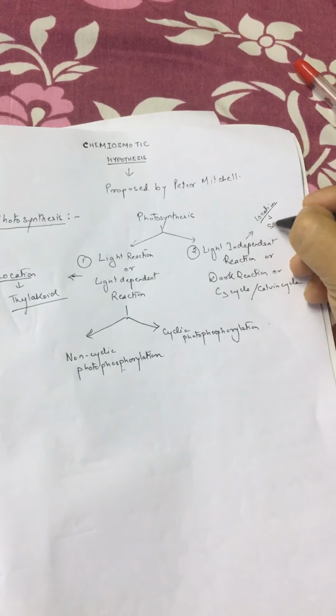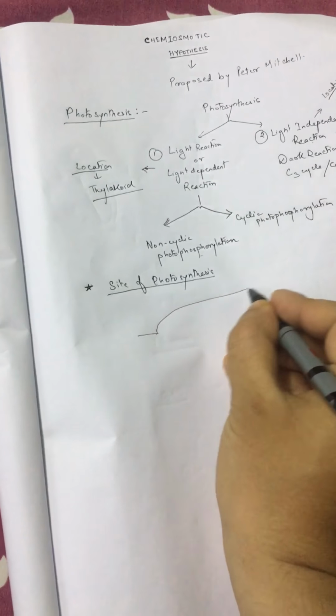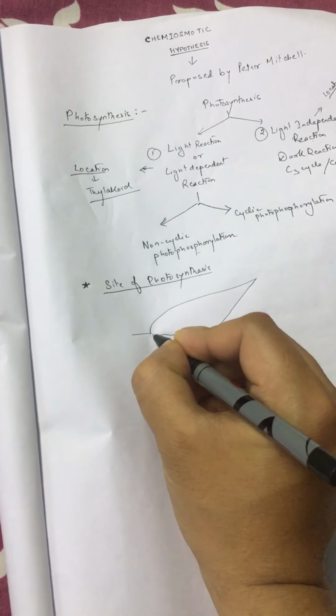If I discuss the site of photosynthesis, the place where photosynthesis takes place, then definitely it takes place in the green leaves, right?